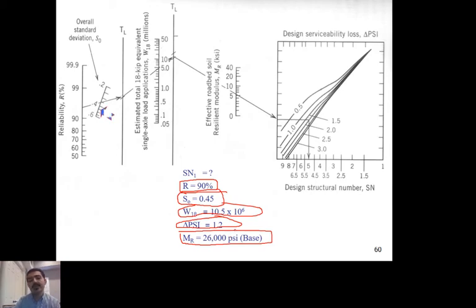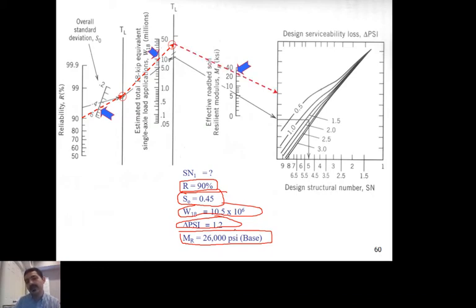So you're going to connect the 90% reliability level to the standard deviation, which is 0.45, until you hit the turning line, and then from the turning line you connect it to 10.5 million ESALs until you hit the second turning line. From the second turning line, you hit the modulus E2, because you're designing the first layer. So E2 is 26,000 psi.